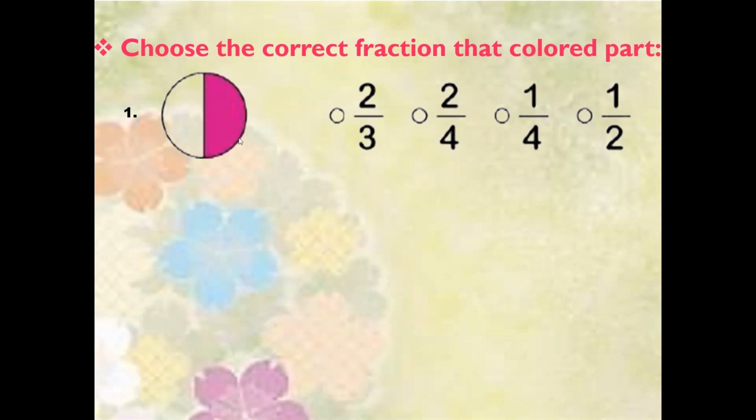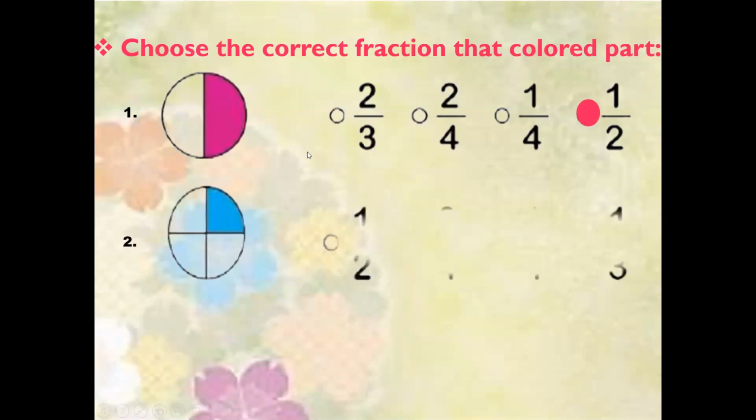So they are 2. Yes, Khadija, Mariam, excellent. 1 over 2. Muhammad Farahat, very good. Then we have number 2.